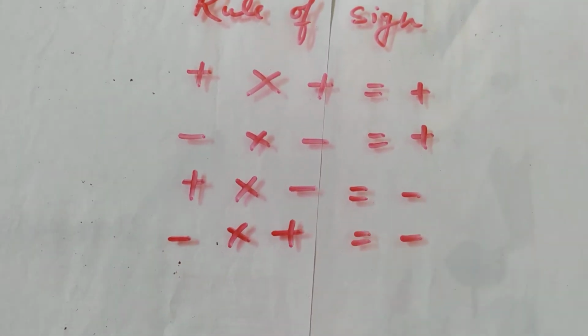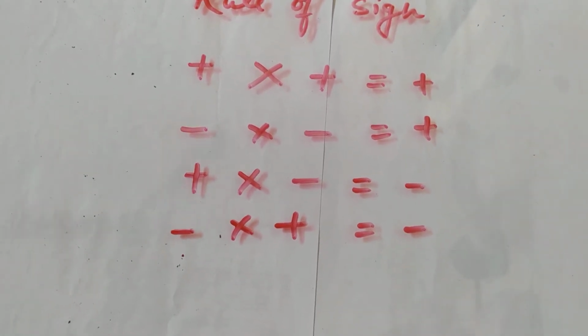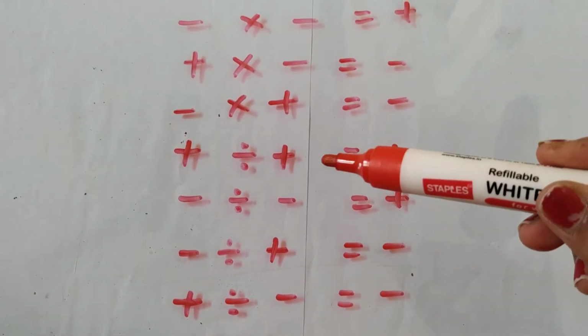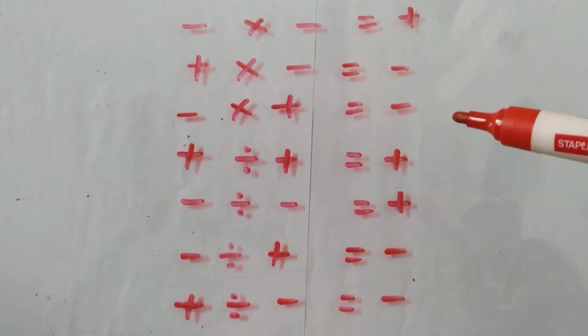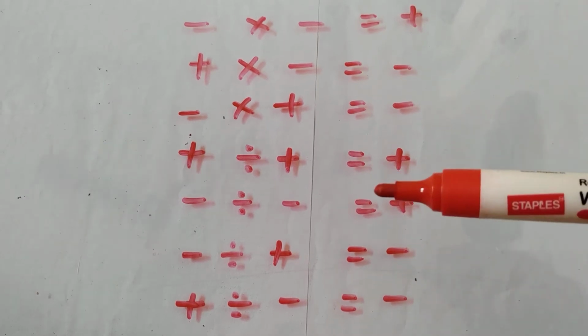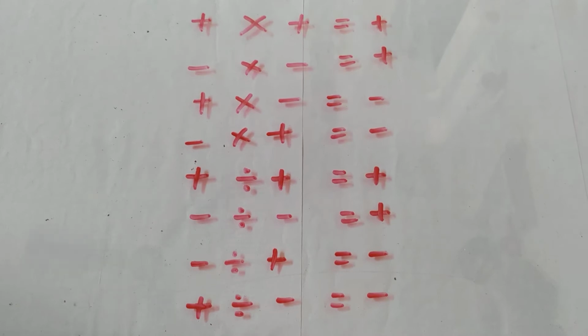Minus into plus, minus. In a similar way, we say the same about the division process. Whenever we divide two positive or two negative numbers, the result is always positive. Whenever we divide one positive and one negative number, the result is always negative.